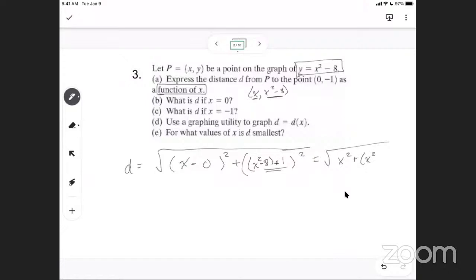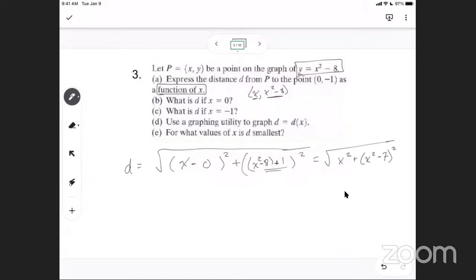It is a +1. x squared plus, x squared minus 7 squared. And you can probably leave it like that. I mean, you could simplify it a little bit more if you wanted to, but I don't know that you necessarily have to, because it didn't ask for anything specific about the form of the function. It just says as a function of x. So I think that that's probably fine.